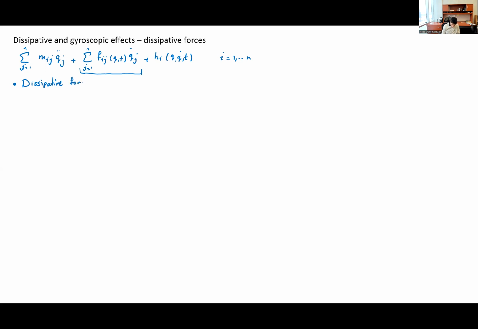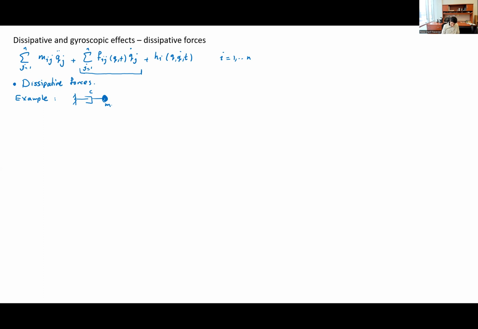Dissipative forces. So to see where we're coming from, let's look at one very simple example. Let's look at the simplest example. I have one mass that moves in one-dimensional space, left and right, and I have a damper attached to it.